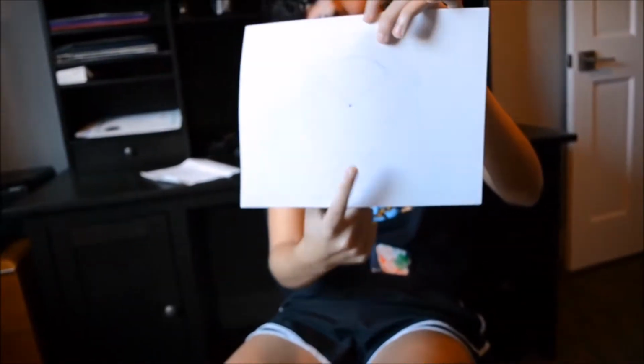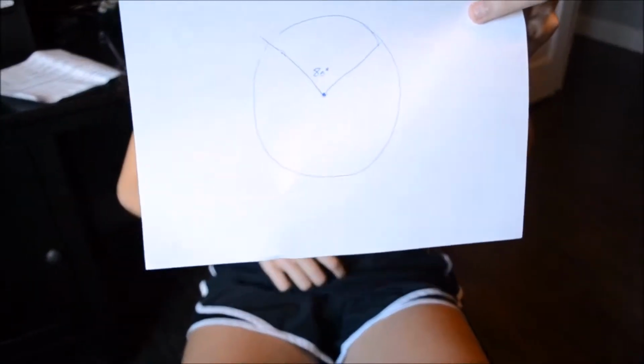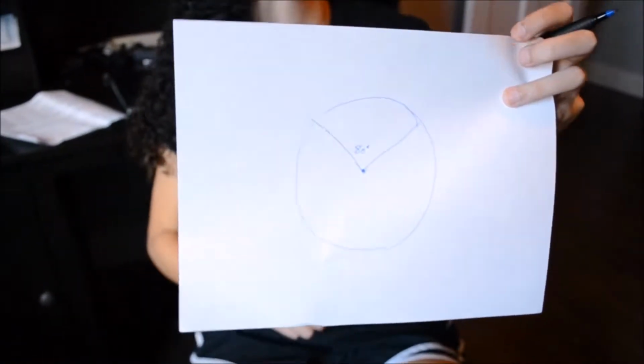You want to find the central angle, and then you're going to take that. Let's say the central angle is about 75 degrees, or 80 degrees. If you take 80 degrees and subtract it from 360, you get 280.